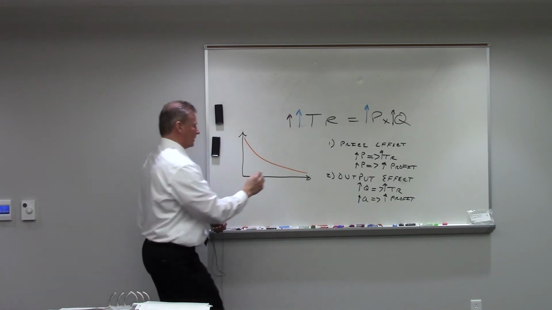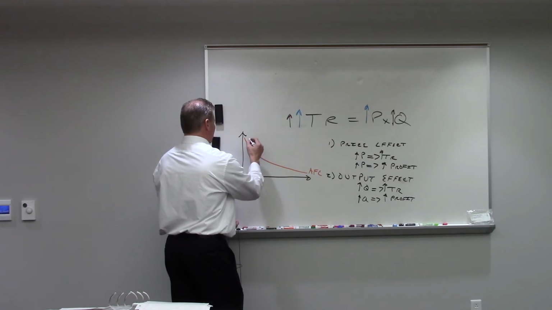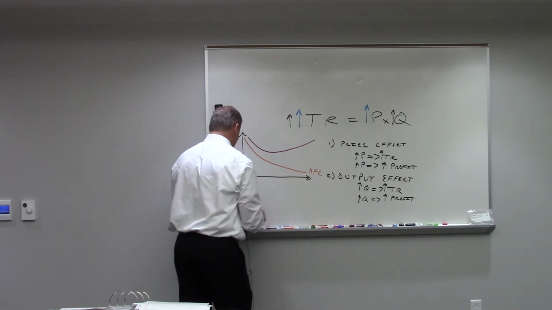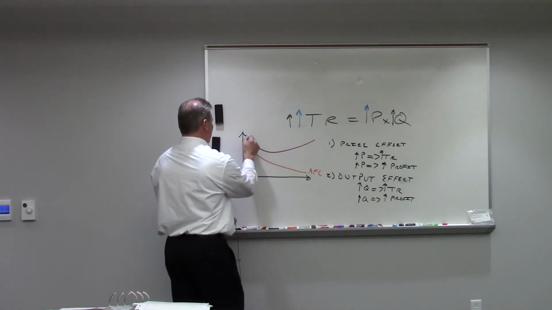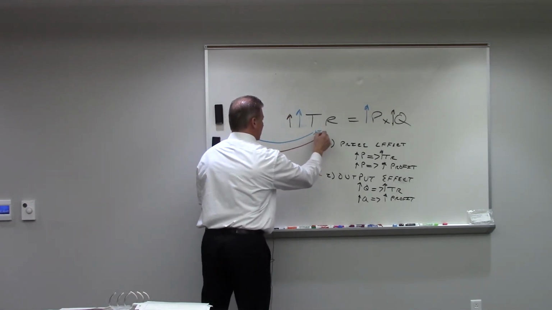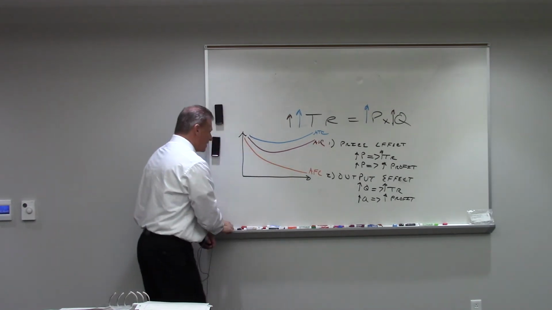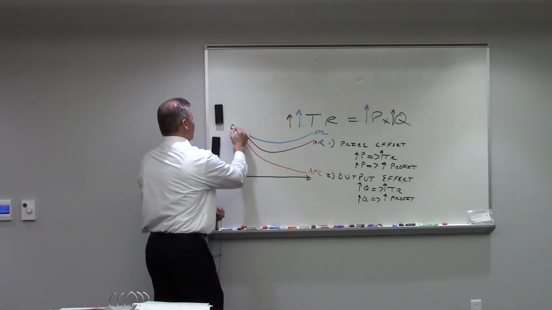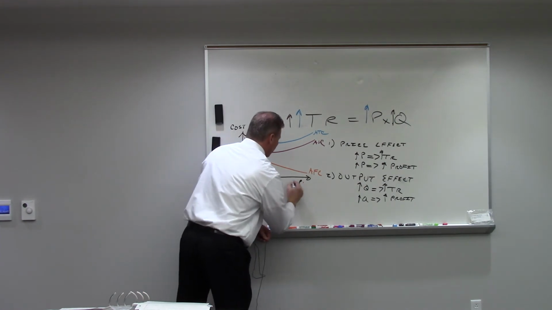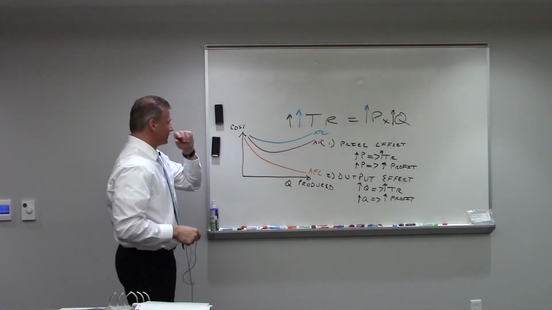Remember this, and average total cost there. So if this was production and this were cost, in fact, we'll just go ahead and put those on here. Cost. This is quantity produced. I know this is really overkill, but I just want you to see it.